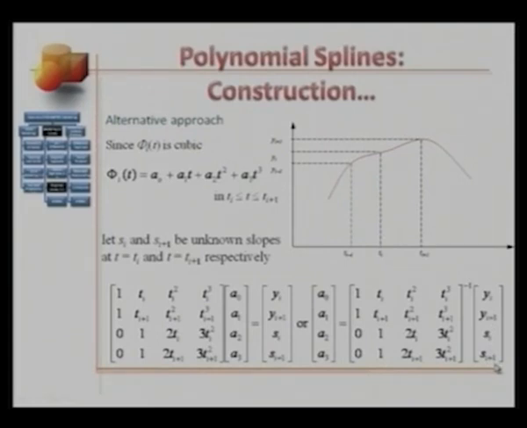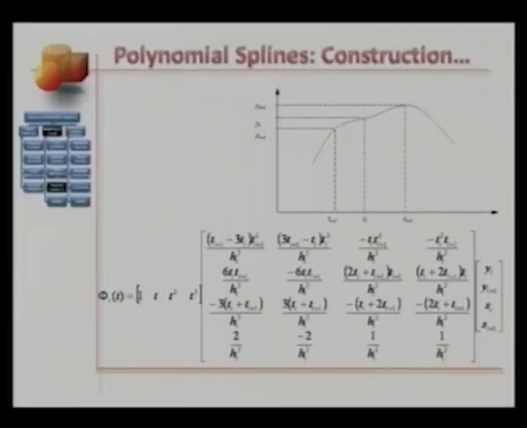But wait a minute. When did I tell you that s i and s i plus 1 are knowns? We just said let the slopes be unknowns at these two points. Let's see where this takes us.